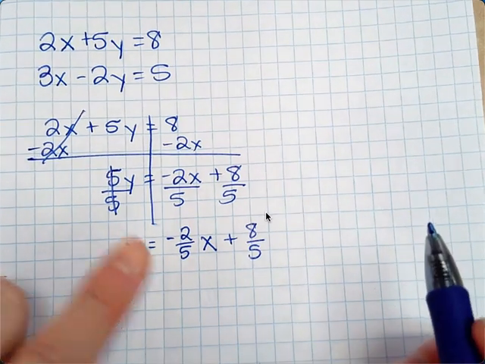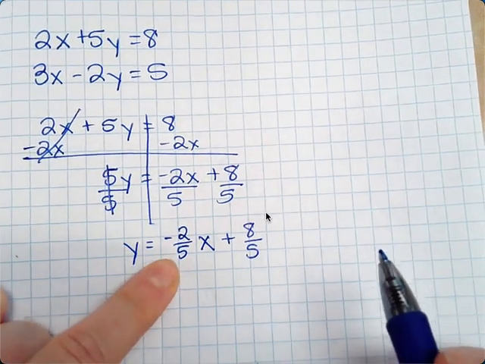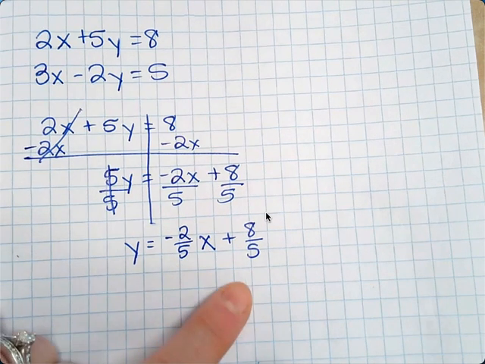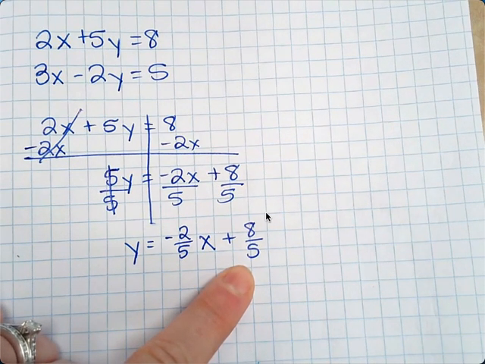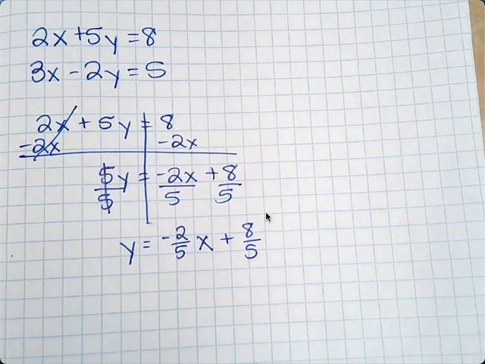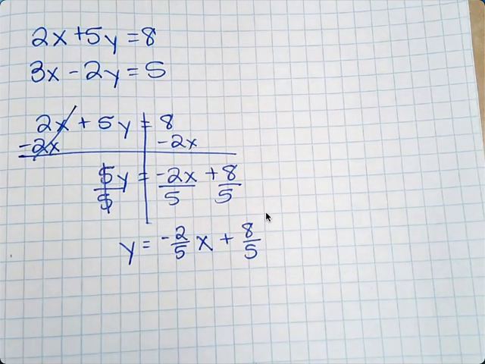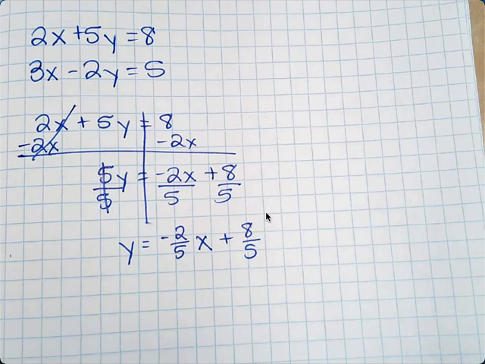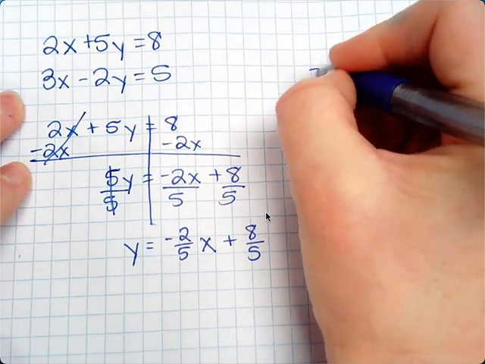You always want to write slope in the fraction form, but then we would reduce this if we could. What is 8 over 5? That's 1.6? Okay, let's just leave it like that. Let's do the other one.